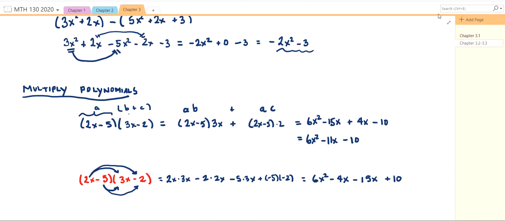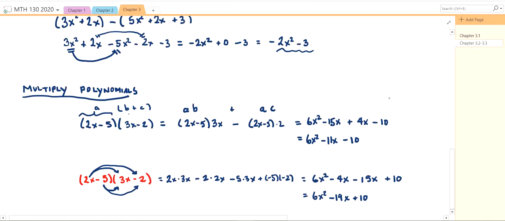And I work this out, and I see that I made a mistake up above. I'll go up and fix that. 6x squared minus 19x plus 10, because whichever way I do this, these need to work out to be the same. And the mistake I made is here: this is a 3x minus 2, so I need to have a minus sign here.